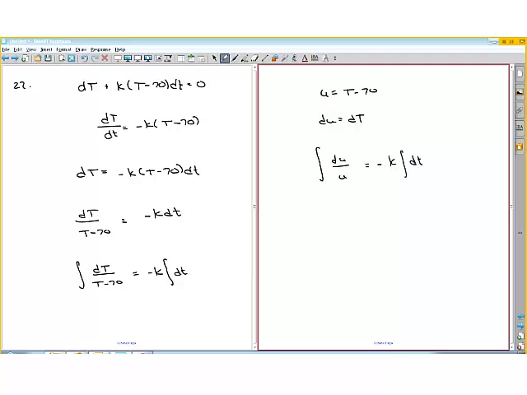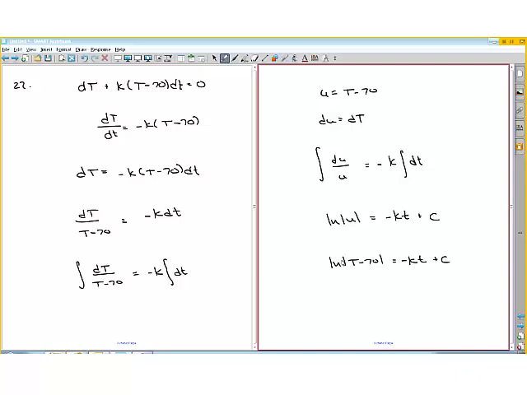So natural log of the absolute value of u equals minus k times t plus our arbitrary constant. Now we substitute u back in, so we get the natural log of the absolute value of T minus 70 is equal to minus kt plus C.